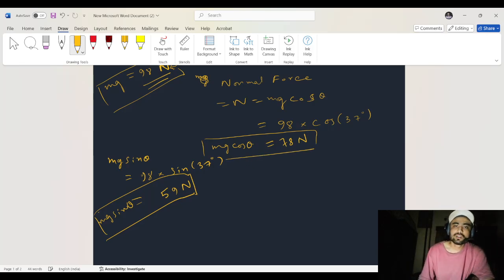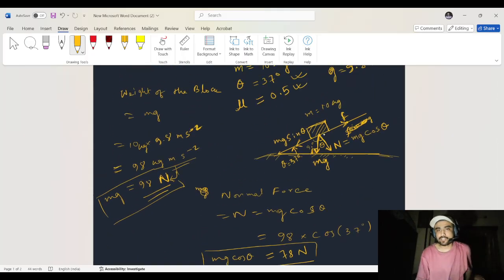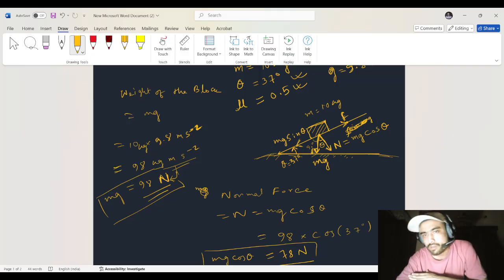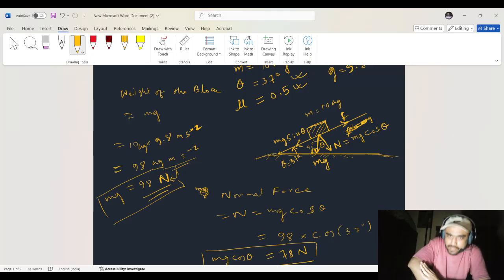Now, I forgot to tell one thing. Just watch this diagram and tell me what will be the maximum frictional force. Imagine what is the function of friction? The function of friction is to resist the movement of the block.